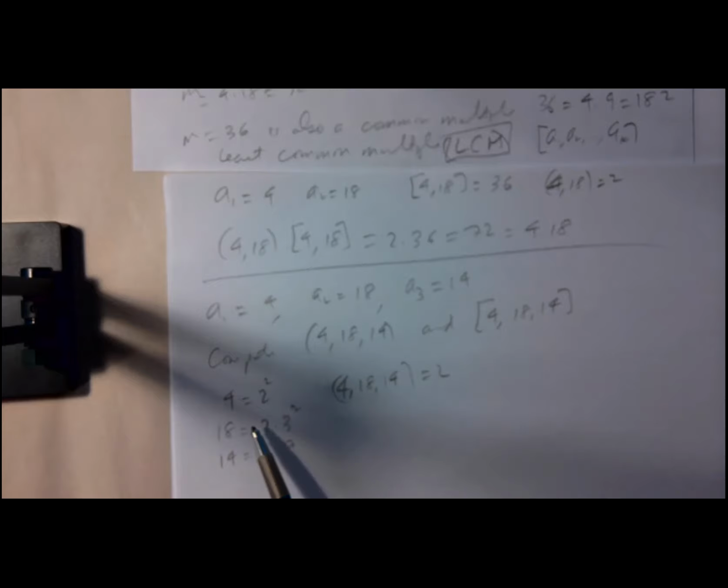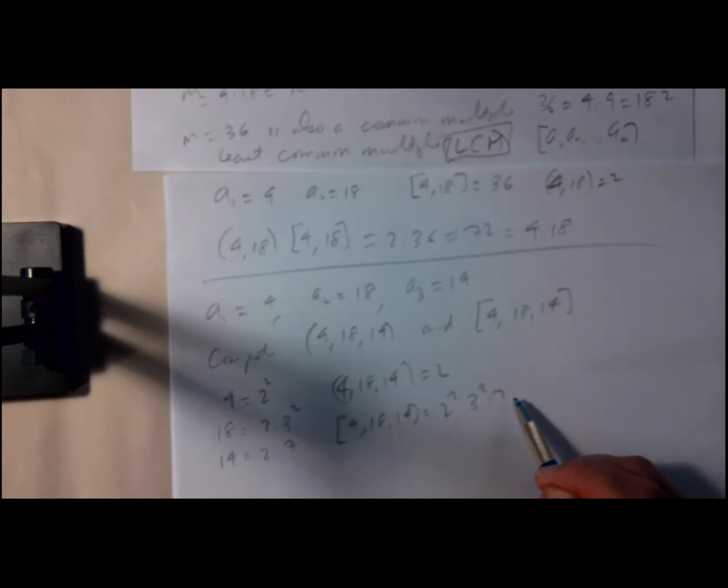And if a number is a multiple of each of these, the number has to be divisible by 4, has to be divisible by 9, has to be divisible by 7. So the least common multiple has to include 2 squared, 3 squared, 7. That's 4 times 9 times 7. If you multiply that out, that might even be 252.